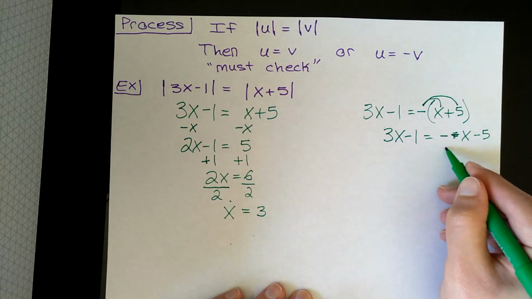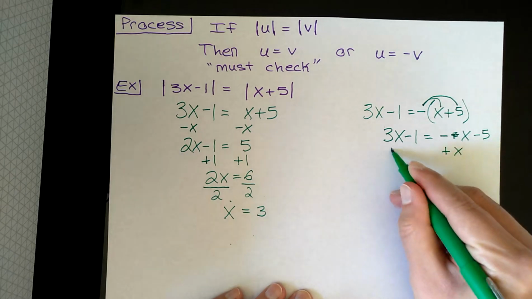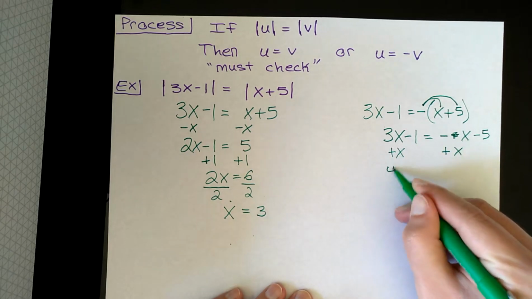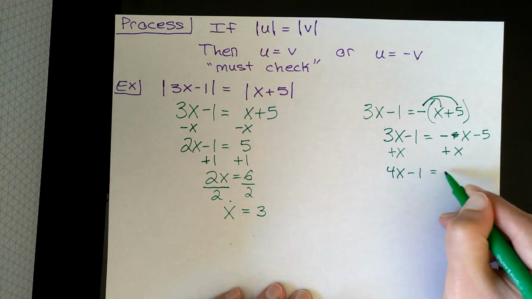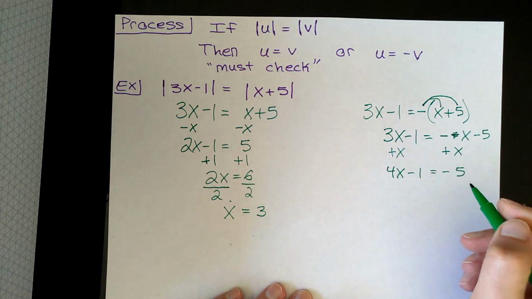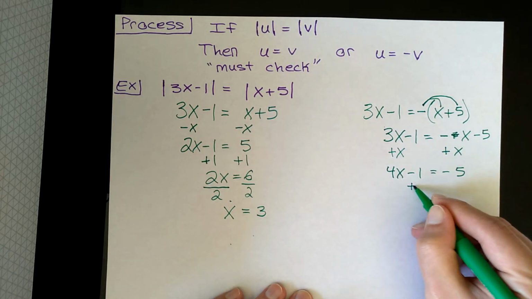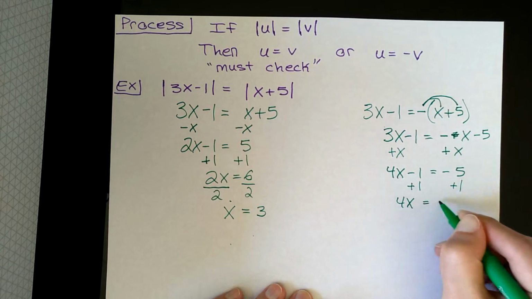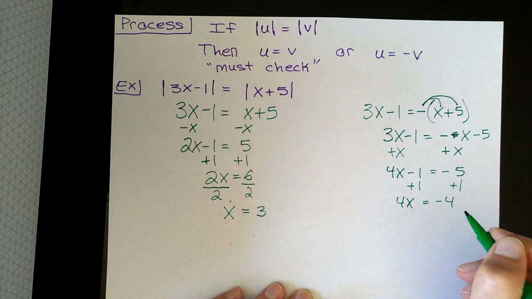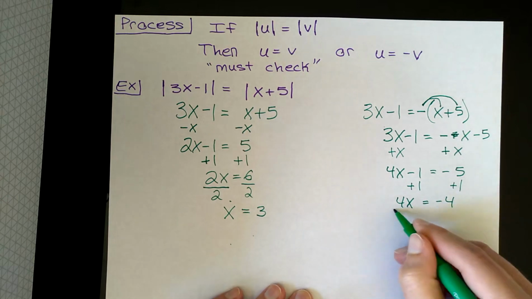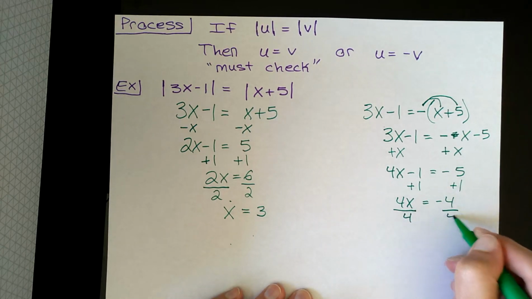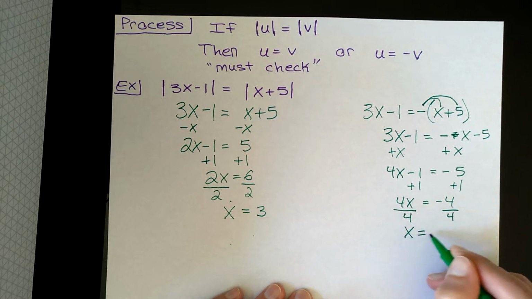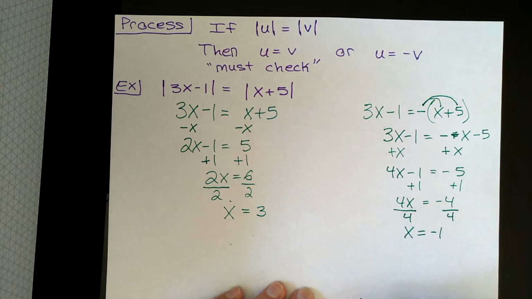And then to solve from here, we're going to add x to each side, which gives us 4x minus 1 equals negative 5. We'll then add 1 to each side to give us 4x equals negative 4. And dividing each side by 4, we get x equals negative 1.